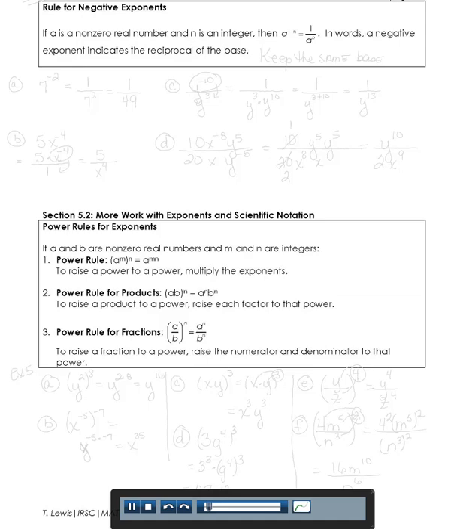I had a diagram on the board. I think we were talking about 5 cubed last week. So I had this scenario: 5 cubed, which is 125, 5 squared, which is 25, 5 to the first power, 5 to the 0 power is 1.